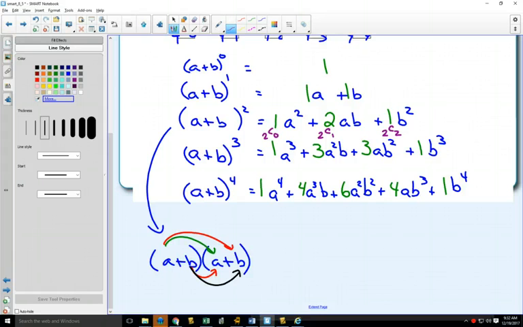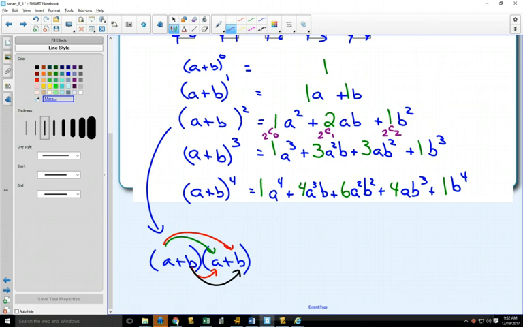So one of the ways we can think about the 2, choose 0 is, in order to get an a squared, how many b's do I need? I need 0. So in here, I have two places where I could choose b's. I could choose a b here, and I could choose a b here, and I don't want to choose either of them. So I'll go 2, choose 0, and that will choose only a's.